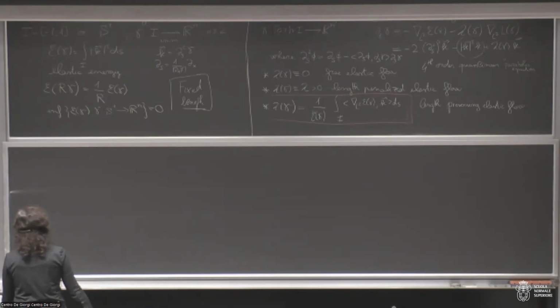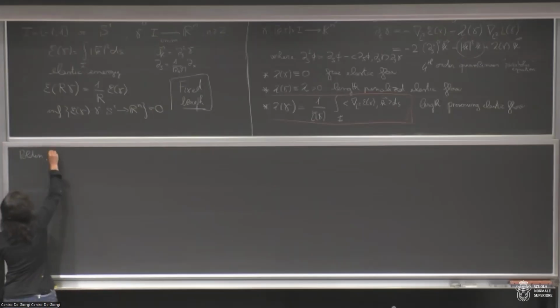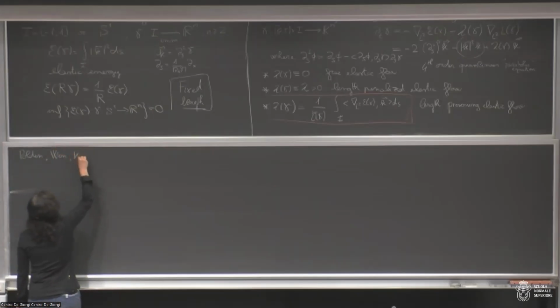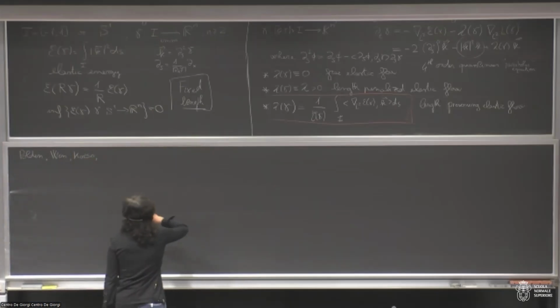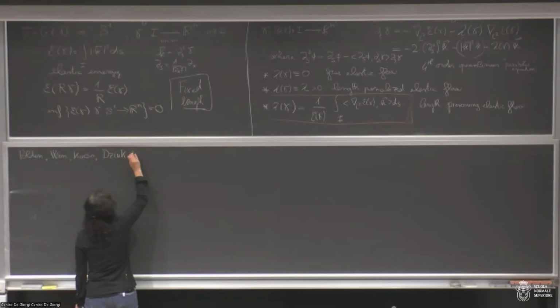So let me just put a list of names. They are not all, but just to tell you that it started already in the 90s with Polden, Wen, Koiso, who separately gave contributions. Then a very fundamental work is the work by Dziuk, Kuwert, and Schätzle.